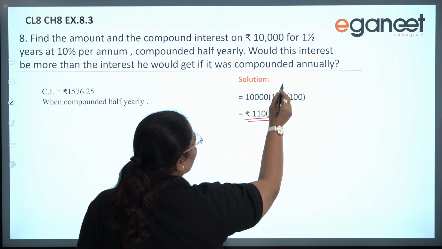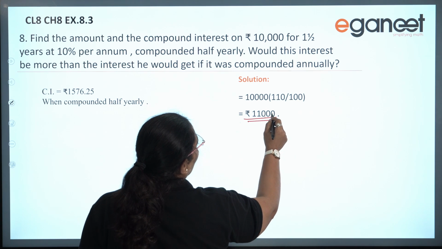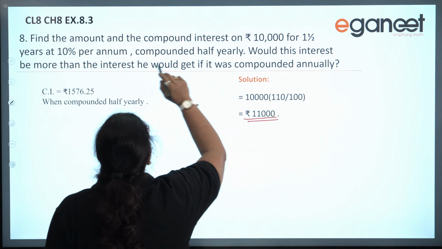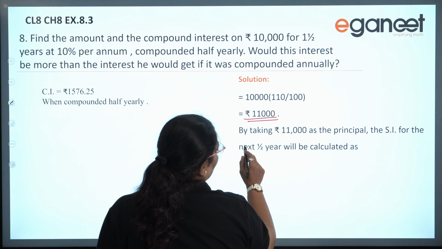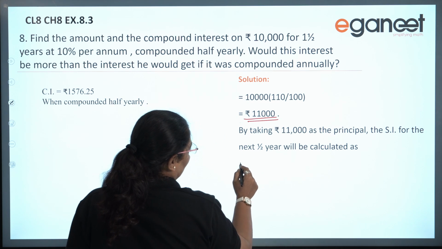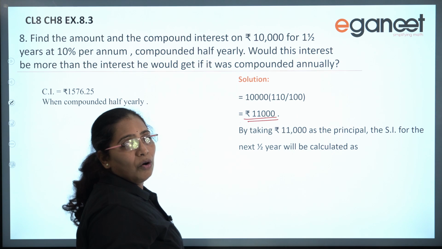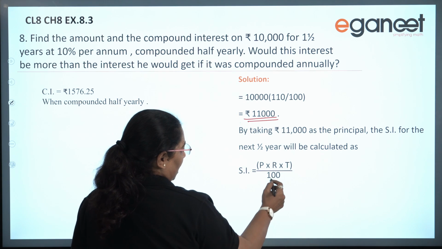Considering this 11,000 as a principal for the next half year with the rate 10%, we will calculate simple interest. What is the formula for simple interest? It is PRT upon 100.